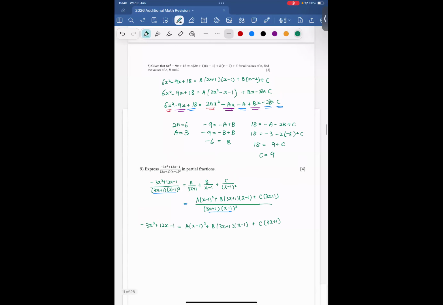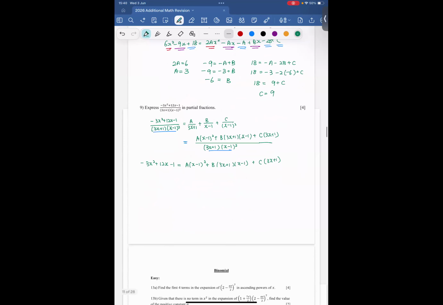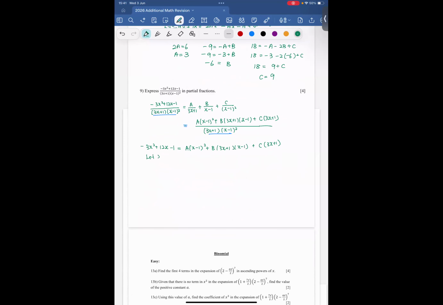Okay, so let x be 1. Minus 3 plus 12 minus 1 equals, so when I let x be 1, a and b will disappear. That will give me 4c. So 8 equals 4c, so c equals 2.